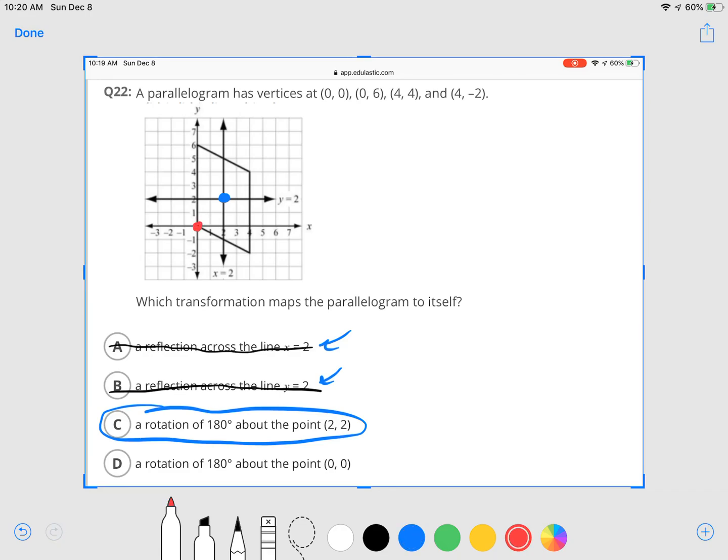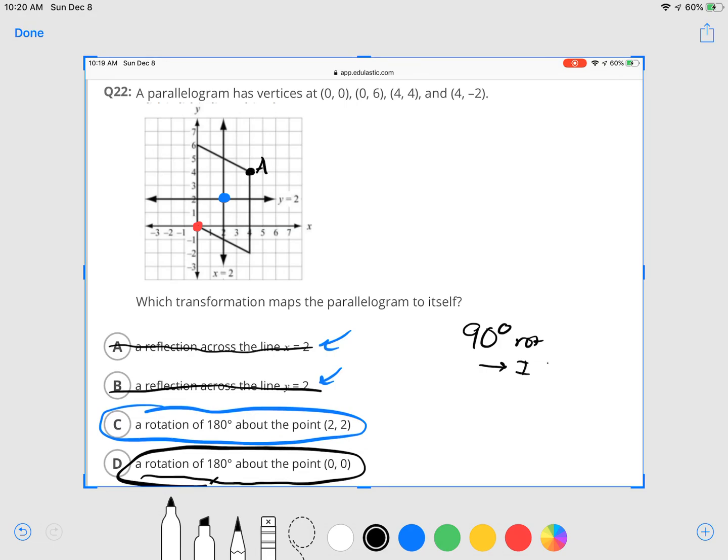This other point here, 0, 0, that wouldn't work. Okay, you can just think of this point on the top right. Let's call this point A. When you rotate 180 degrees, you move one quadrant. So, I'm sorry. When you move every 90-degree rotation, the point moves over one quadrant.